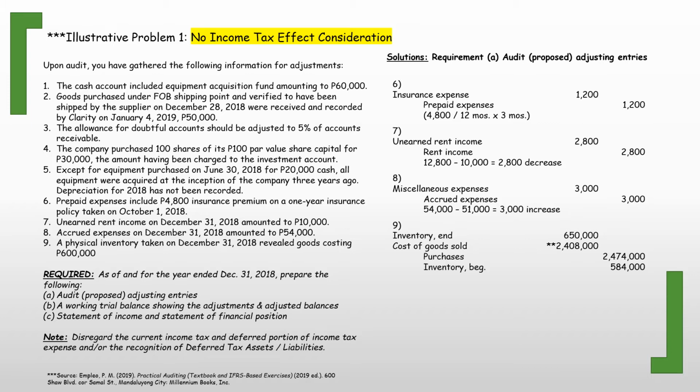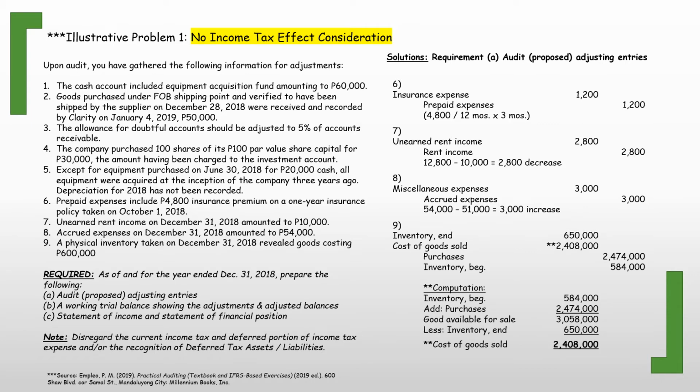We can also compute the cost of goods sold by inventory beginning plus purchases, which is goods available for sale, less ending inventory equals cost of goods sold.